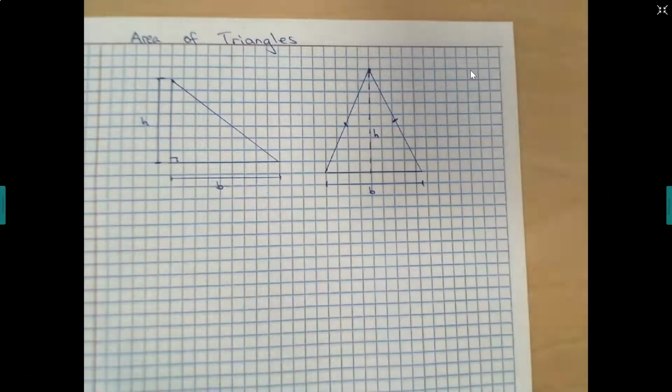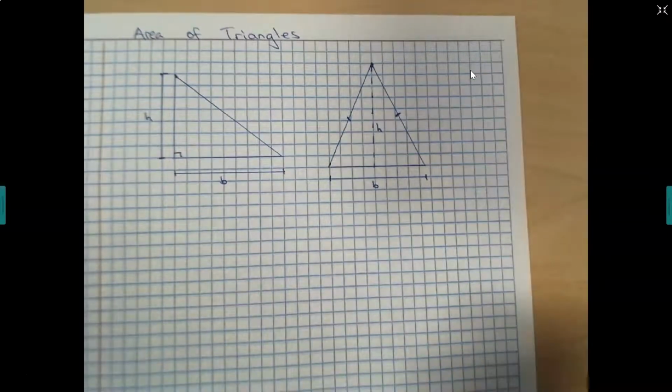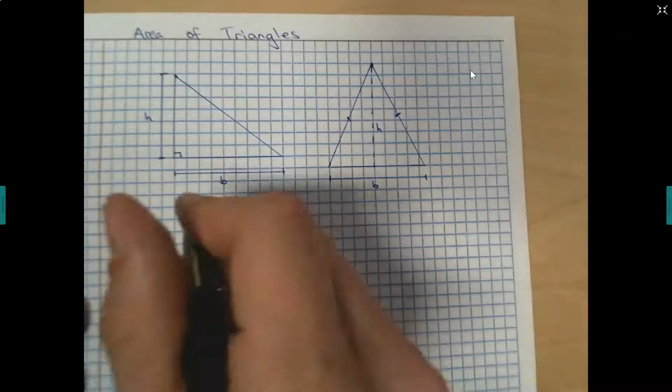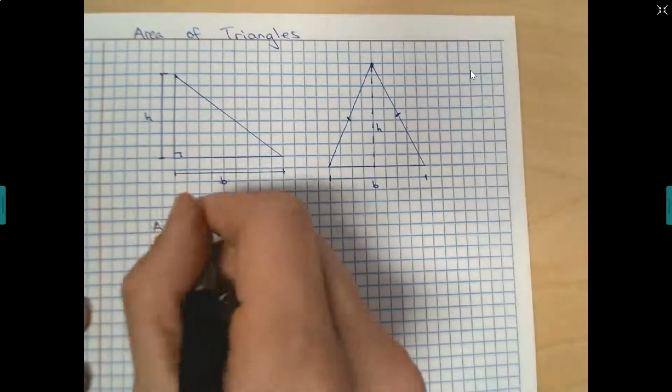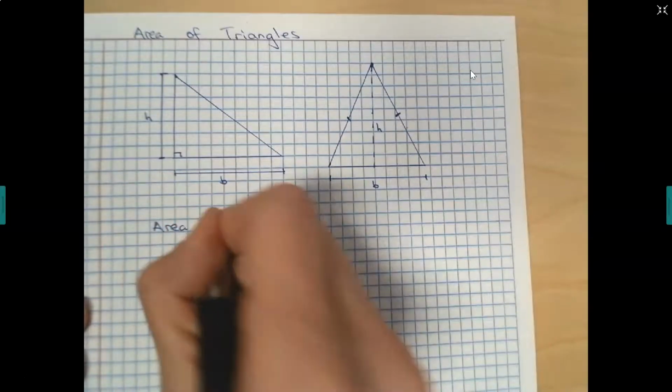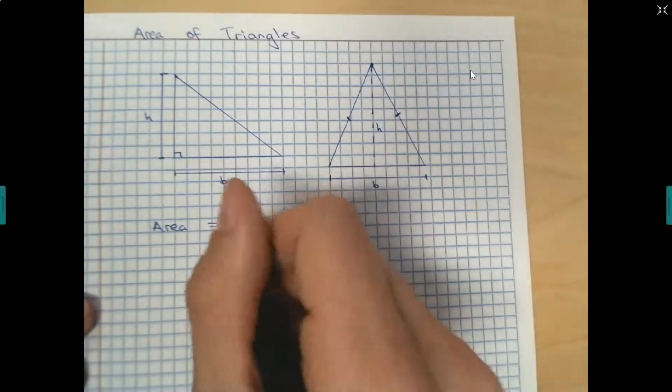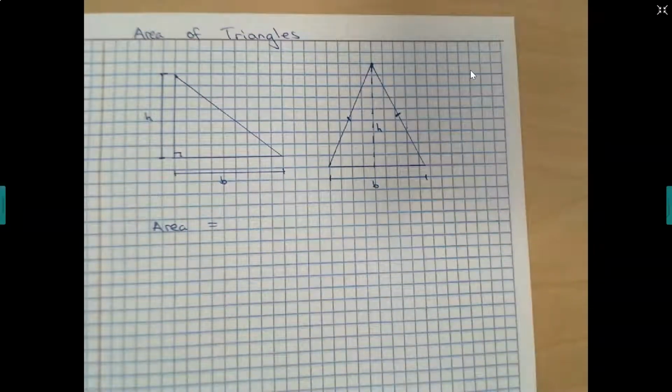So, if I want to find the area of any triangle at all, if I know the base length of the triangle and the height of the triangle, then I can find its area. So I know that the area of a triangle is equal to the base length times the height divided by 2. If we compare that to a rectangle where it used to be the base times the height, there was no division by 2.